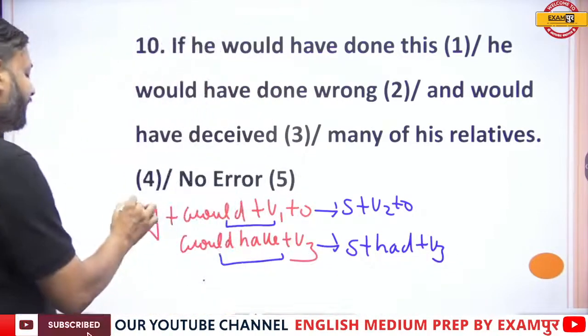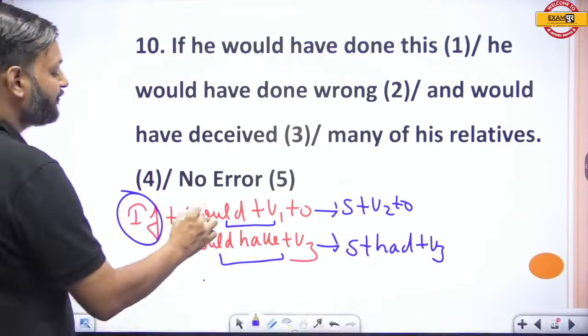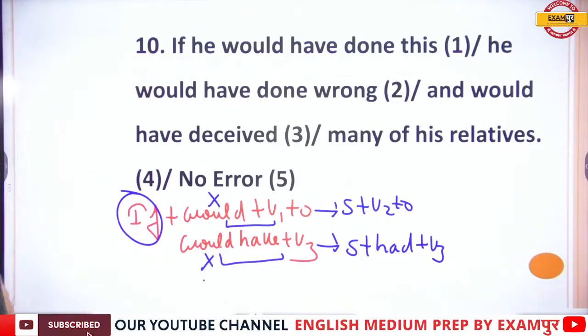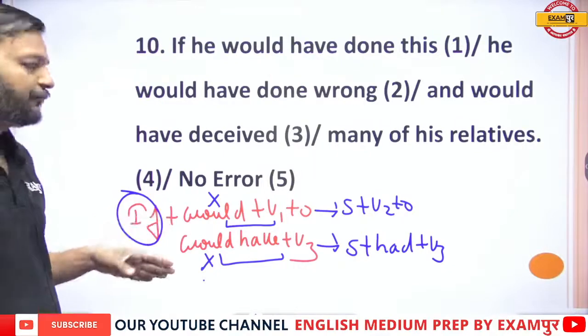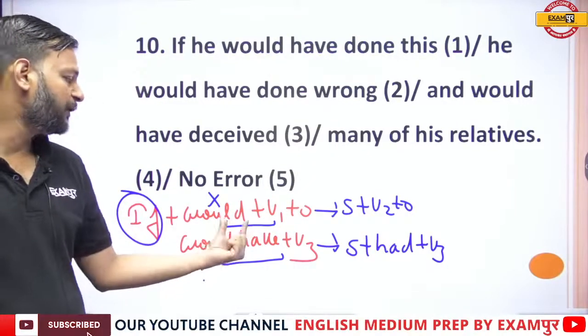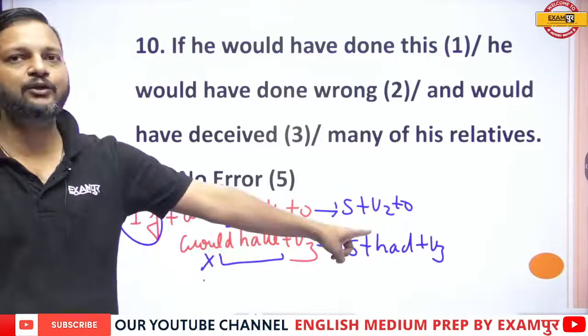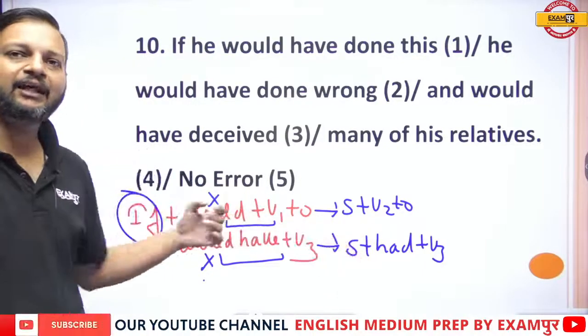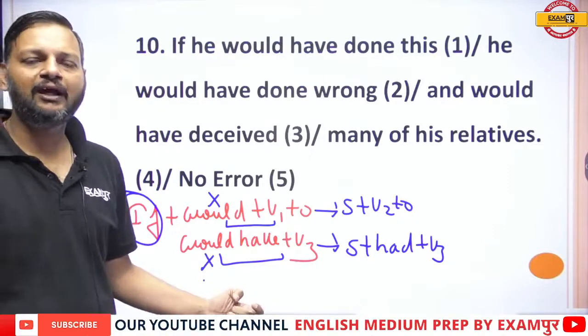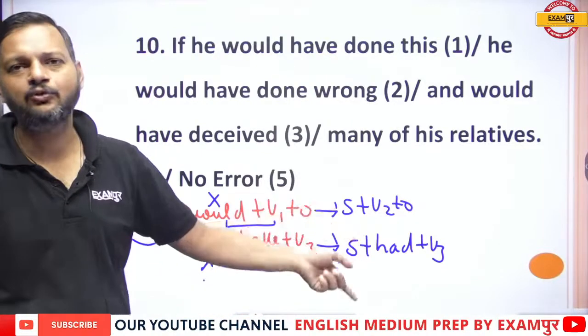So in an if clause you can never write would plus first form or would have plus third form. The simple thing is, if an if clause has would plus first form, you have to change it into subject plus second form. And if it has subject plus would have plus third form, you have to change it into past perfect.